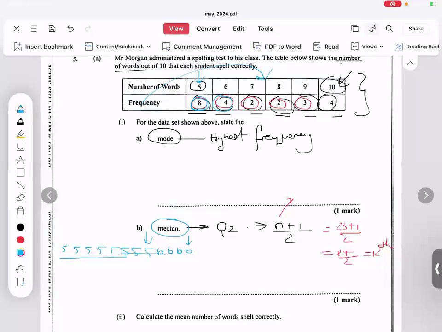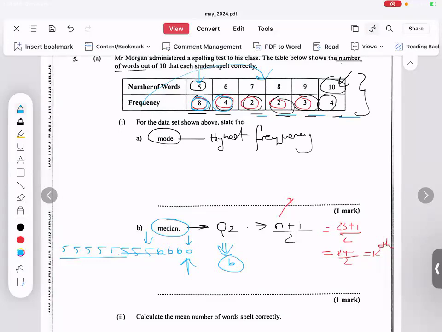So this will be the 12th position. And if I continue to lay out these numbers, this number will end up being in the middle. So therefore, your median value here is going to be equal to 6. So what this is basically saying is that the median number of words spelled correctly was 6.